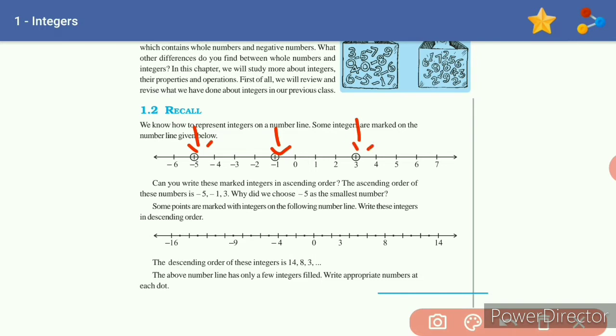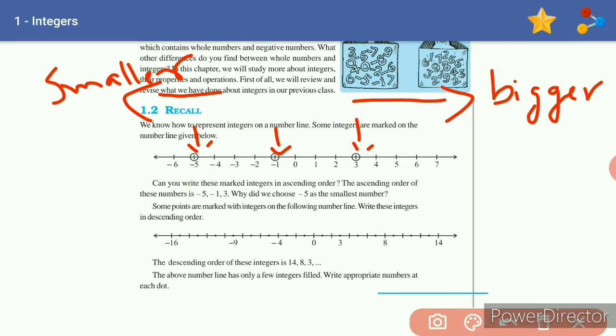Now on the basis of number line, we can say that we can arrange the integers in ascending order, in descending order as well. Now there are some rules. If we travel to the left side of 0, the numbers are becoming smaller and smaller. If we travel to the right side of 0, the numbers are becoming bigger and bigger.